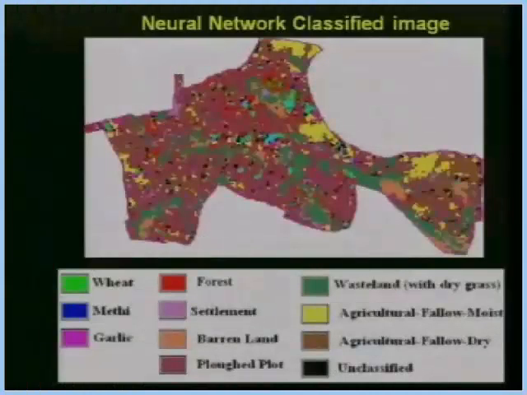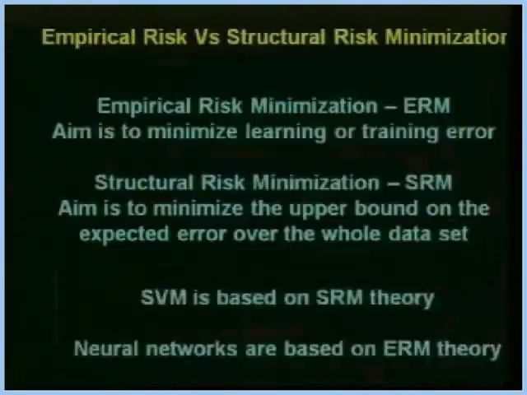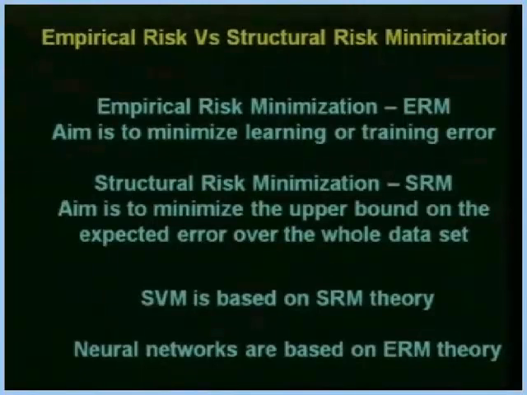I don't go into the details of the neural networks. This is just one of the SAM neural network classified images. Now, what is the basic underlying fact while we are trying to do classification using neural networks or the recently proposed support vector machines?